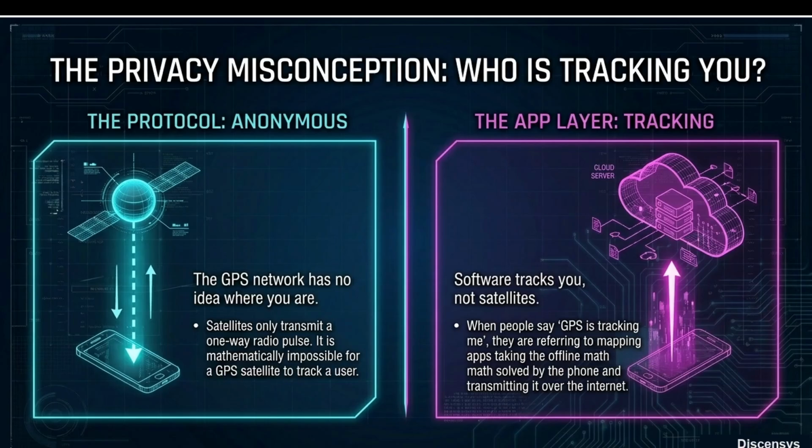They are referring to the mapping apps taking the offline map solved by the phone and transmitting it over the internet. So it is transmitted over the internet by the software, and not by the GPS or the satellites.